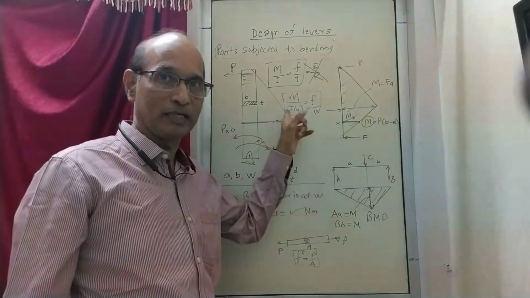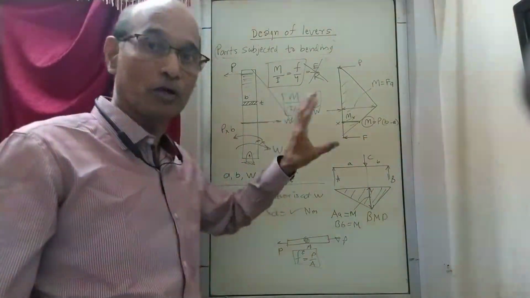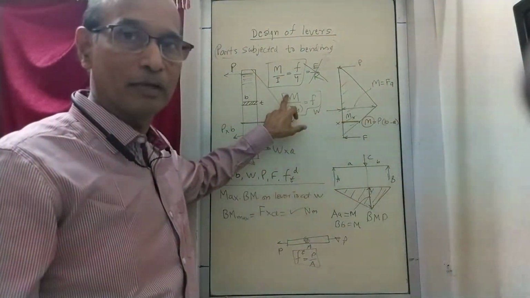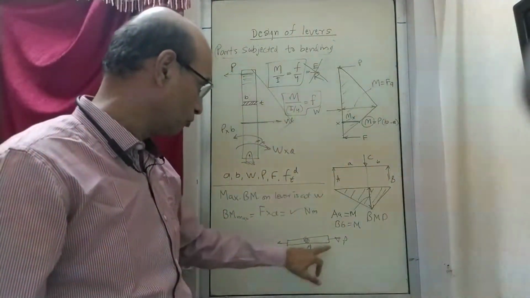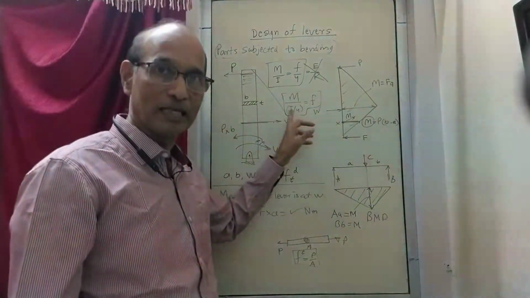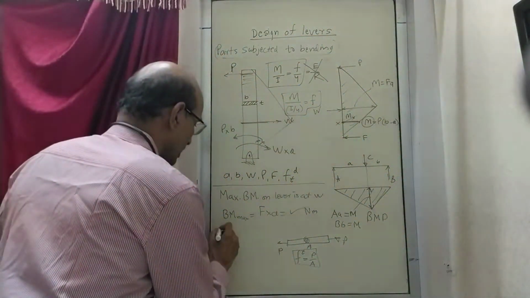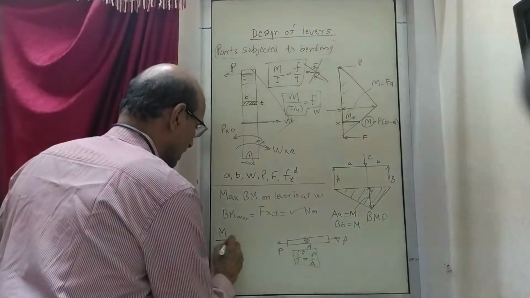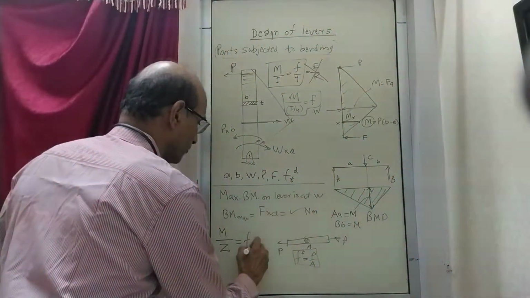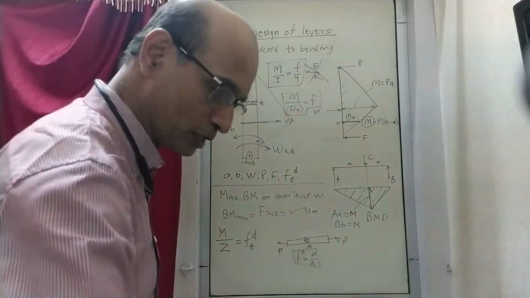So this is a design equation which is possible for us to apply because we are given M. We are not given P, we are not given force, we are given moment. So let us use this as a design equation for this exercise. We begin like this: M upon Z is equal to Ft design. This is the design equation we start using.